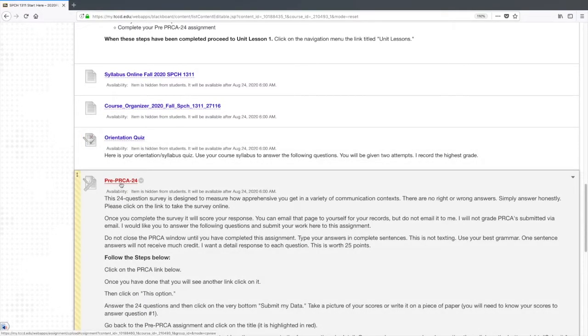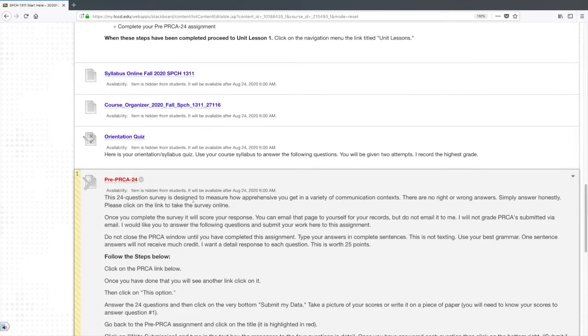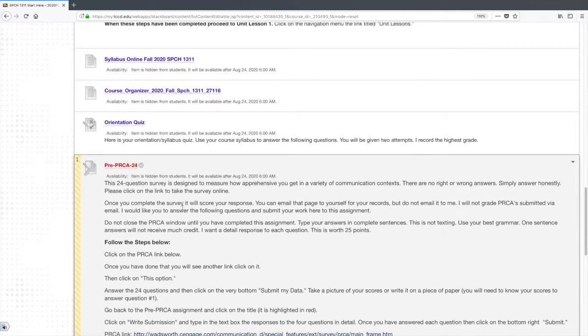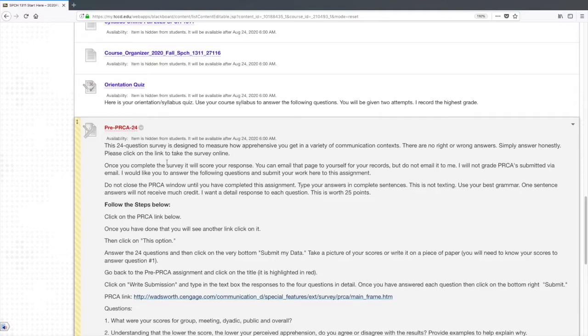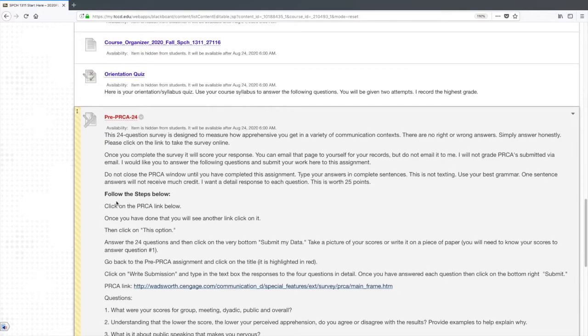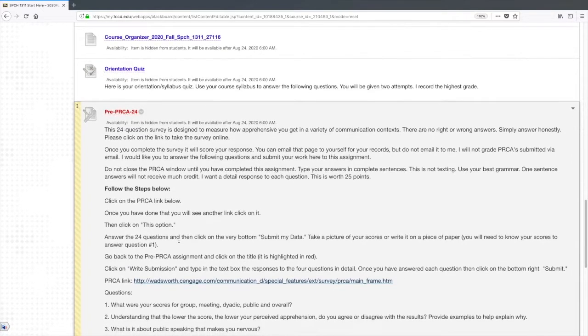Then this is the pre-PRCA that you will need to complete. You would click on the title, but first read the instructions. It tells you a little bit about what the pre-PRCA is all about. And I went ahead and typed in the steps to get to that link. Please follow the steps below.